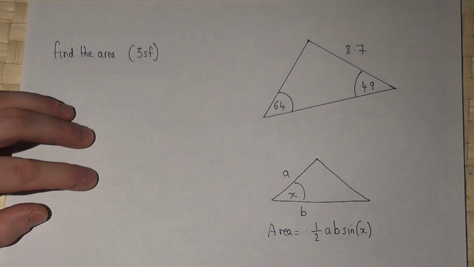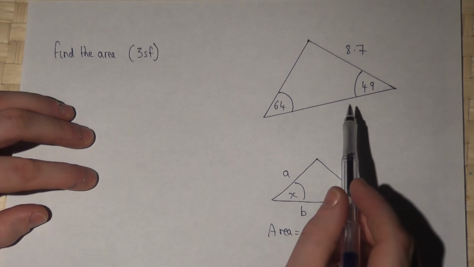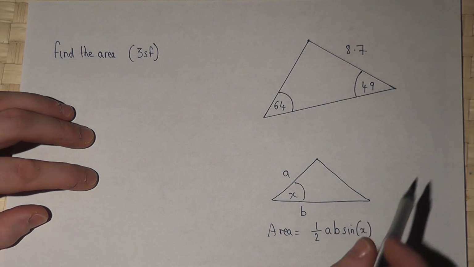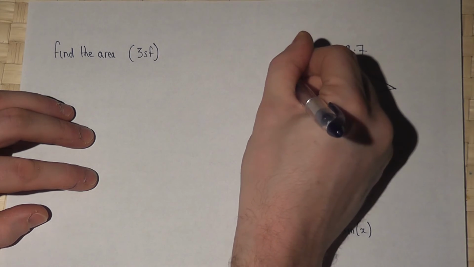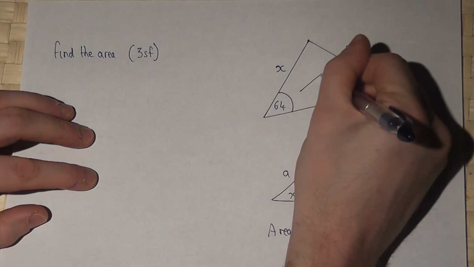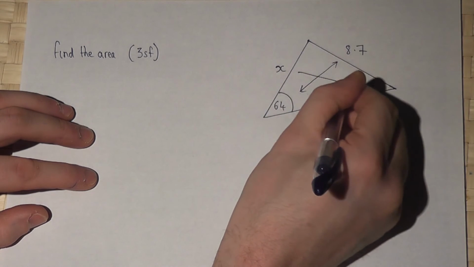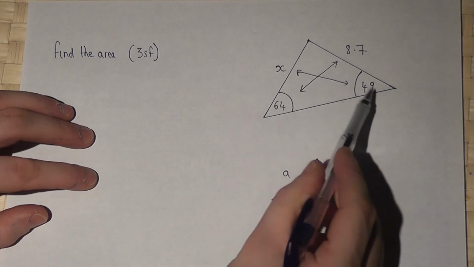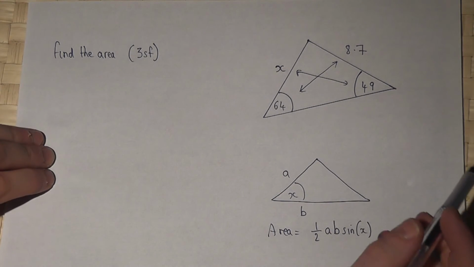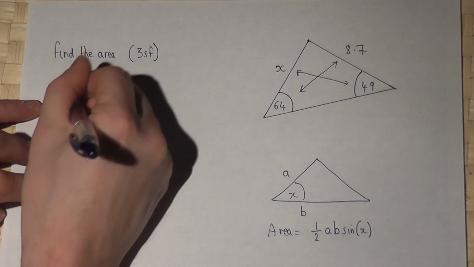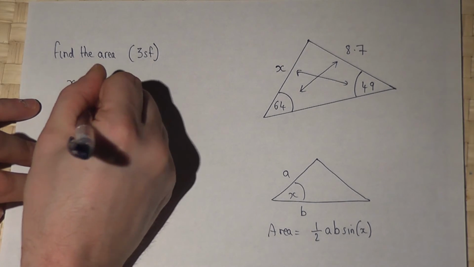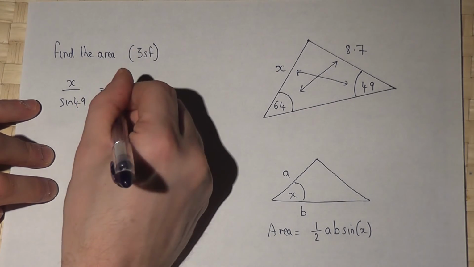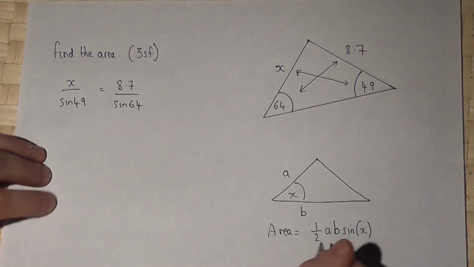So I need to know somehow two sides and an enclosed angle, and I just know one side at the moment. However, if I call this side here x, then I can use the sine rule to find that missing side, because I know pairs of opposite sides and angles.